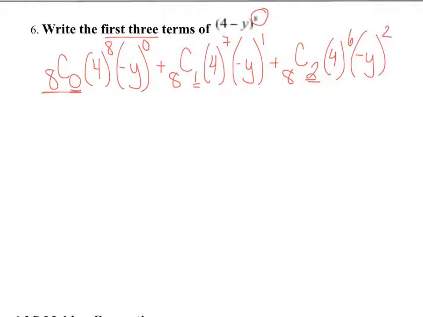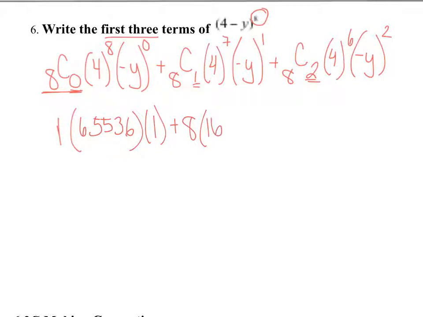So 8C0 is 1. 4 to the 8th power is 65,536. And then negative y to the 0 is just 1. 8C1 is 8. 4 to the 7th power is 16,384.